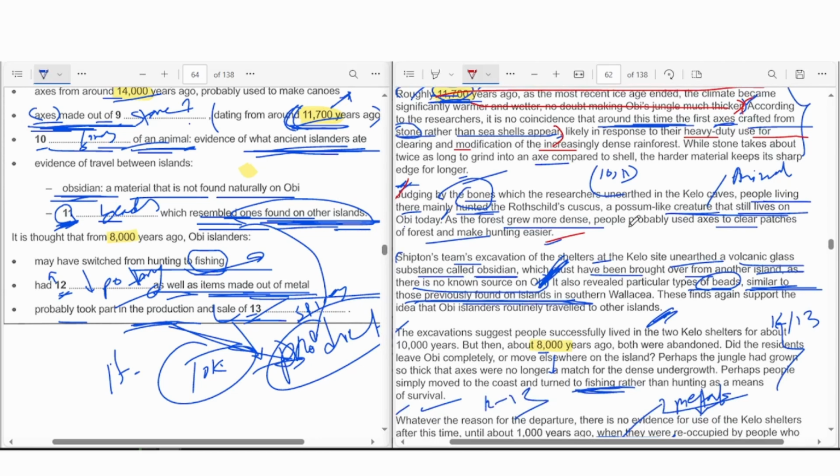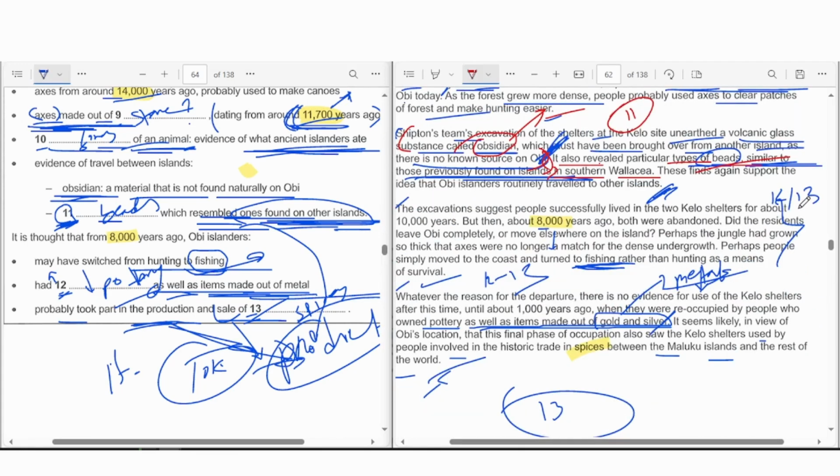And then for number 11, we skip this portion. We didn't read it because we found the word obsidian. That helped us not to read until this. Then I start reading from this portion, and we didn't even read the part about the south. Before even finishing the sentence, we found the answer. And for solving 12 and 13, we skip the whole paragraph.